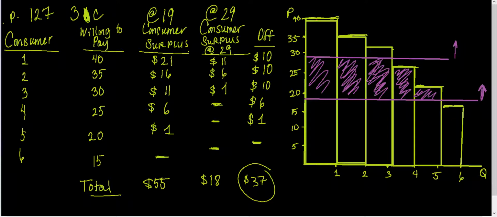And then here I have up to 20, and from 19 to 20, so this is 1, and this is 1, so this area is 1. So now I add up the areas of the shaded regions between the two lines, and I have 10 plus 10 plus 10 plus 6 plus 1, or 37, which matches the number we got when we did it algebraically.